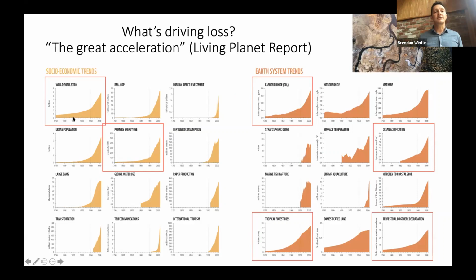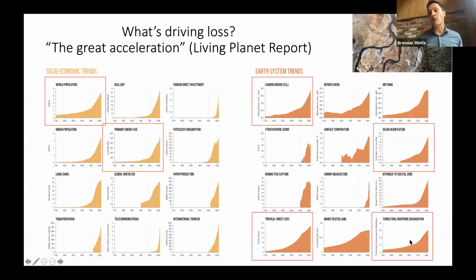One of the things that strikes you when you look at the Living Planet report in these graphs is just the similarity in the shape, the almost exponential growth in world population, mirrored here in the almost exponential primary energy use, that then translates across to this almost exponential increase in carbon dioxide concentrations in the atmosphere, ocean acidification, tropical forest loss, and terrestrial biosphere degradation.